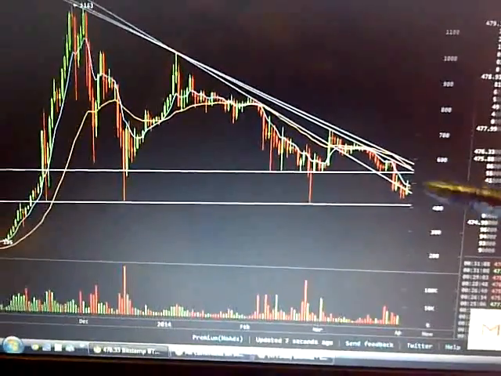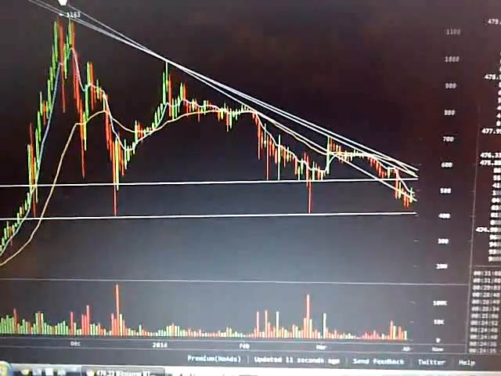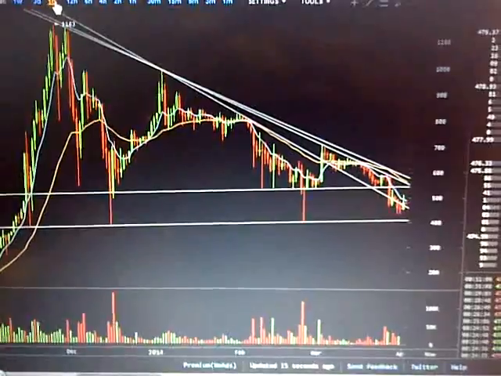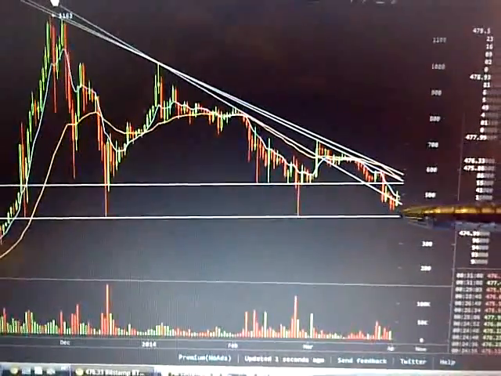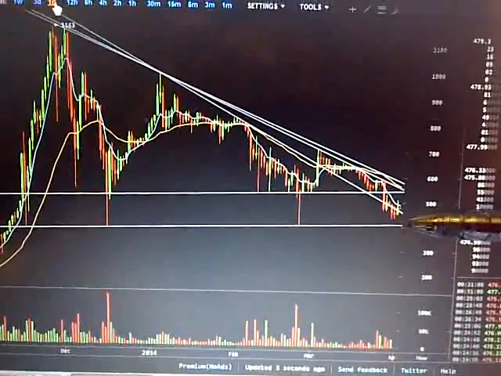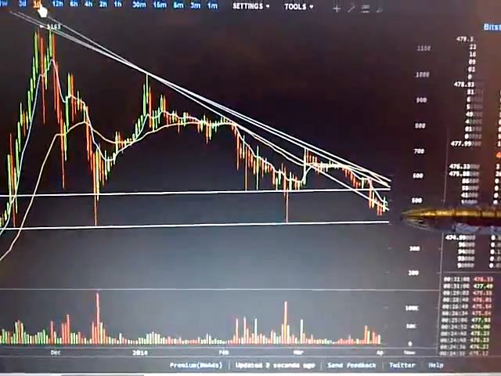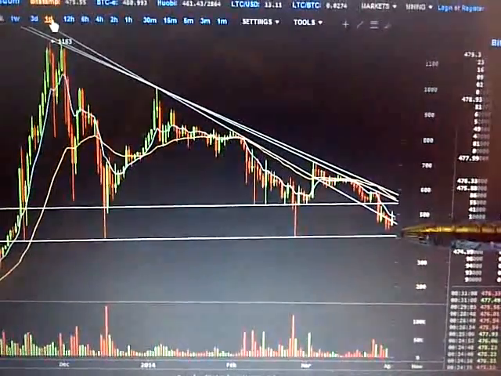So hopefully, if that happens. If not, then just expect more down. I don't know what to say, but ultimately, miners have control. All they have to do is stop selling and see how long they can hold out.